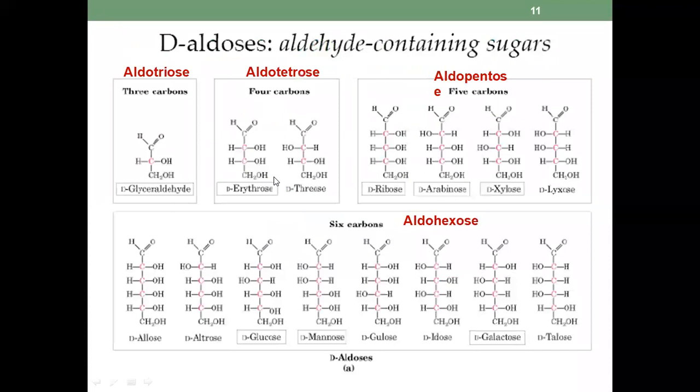So when you increase the number of carbons, you always have to look at the OH that is farthest from the aldehyde carbon. It is always to the right. That's the reference that all of these are in the D position.